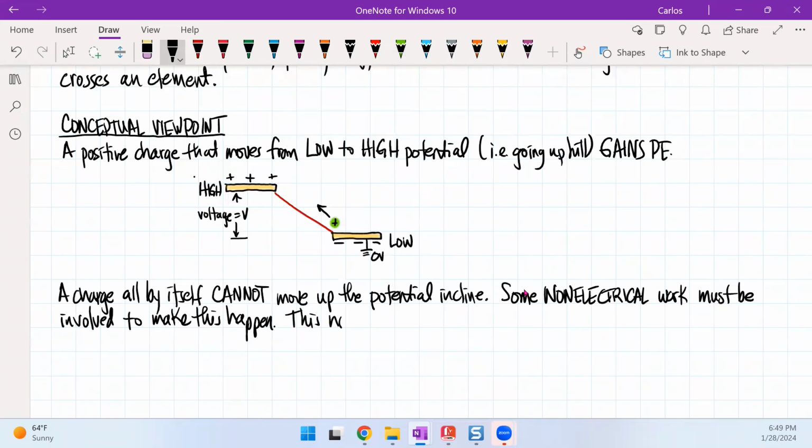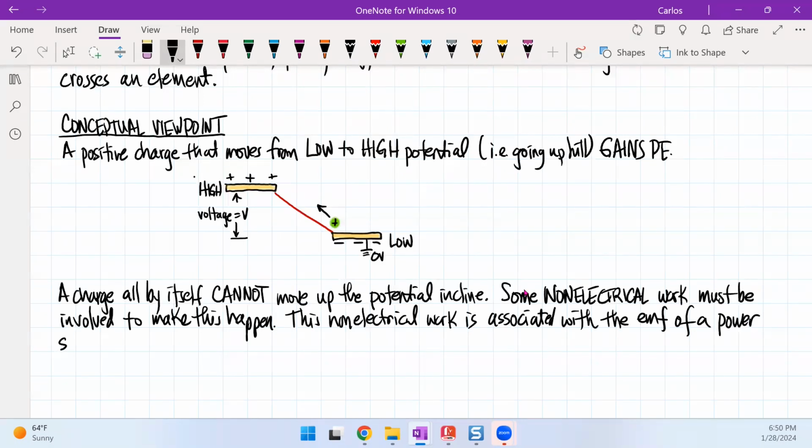This non-electrical work is associated with the EMF of a power supply that converts chemical potential.